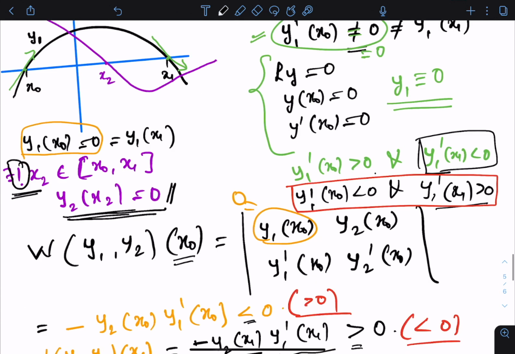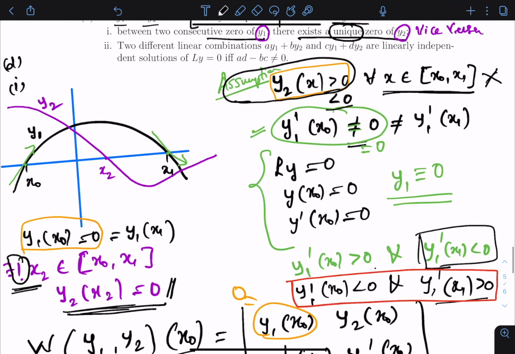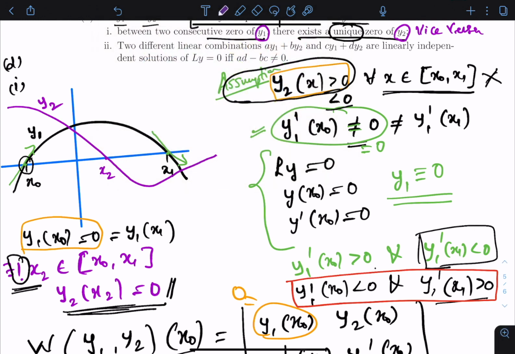But that's again easy, because once we have shown the existence, just imagine this.